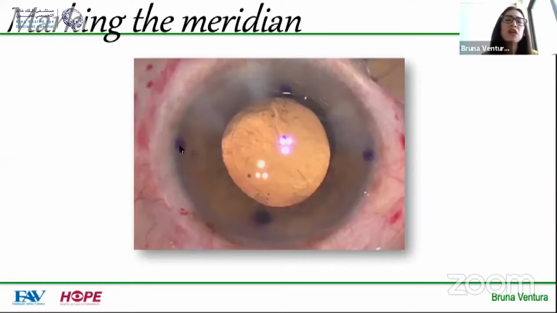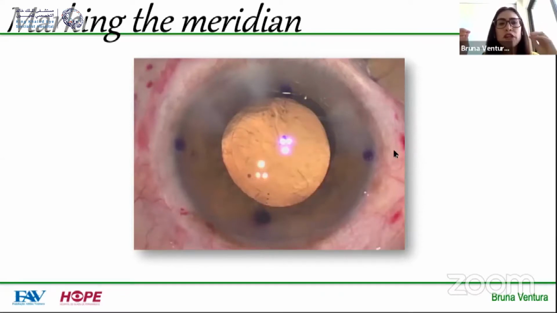So we all know that for the femtosecond laser patients, we have to do two markings also to compensate for cyclotorsion. So sometimes you have the 0 and 180 degree marked to compensate the cyclotorsion of your femtosecond laser. And you have, for example, an IOL that should be aligned at 175 or 170 degrees.